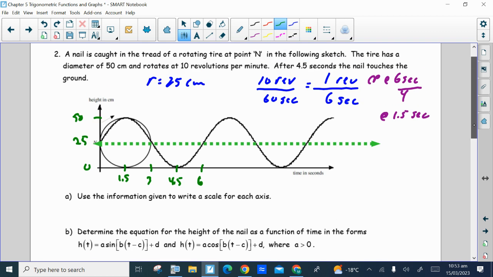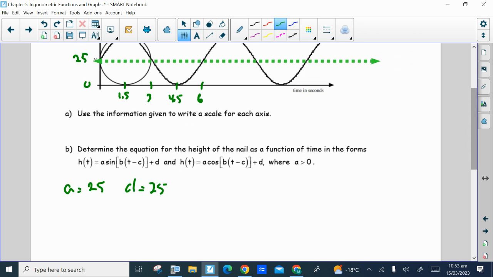We know that it does one revolution in 6 seconds. So our period is 6 seconds. Remember that we can find our B value by going 2 pi over the period. So it's 2 pi over 6, which is pi over 3. That is our B value.